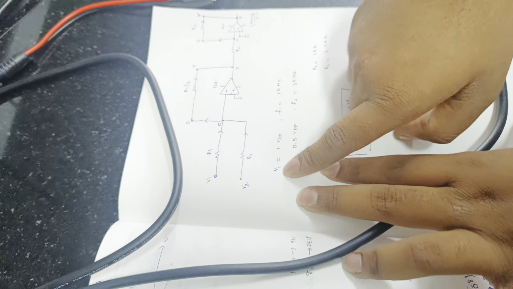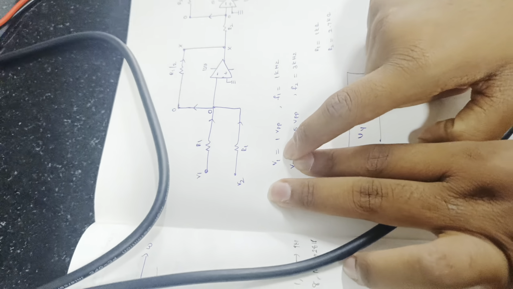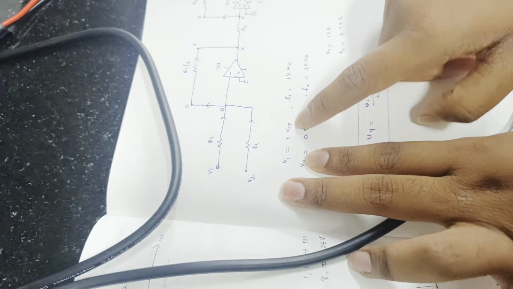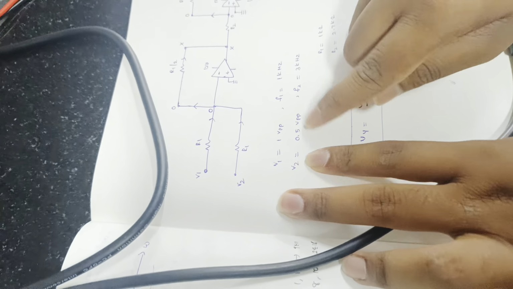And now, as per the given question, we have taken voltage of 1 volt peak to peak for 1 kilohertz frequency, and for the second input we have taken 0.5 volts and a frequency of 3 kilohertz.